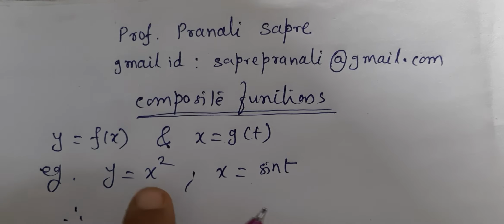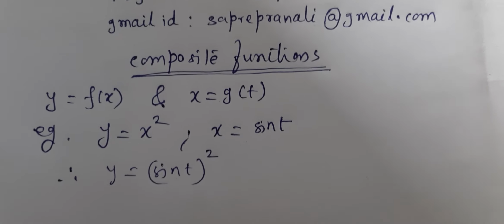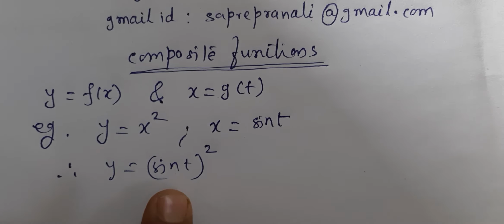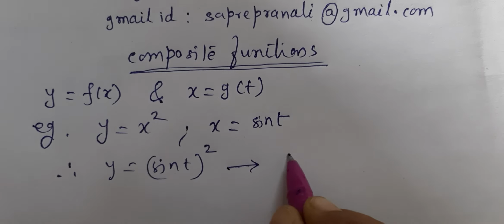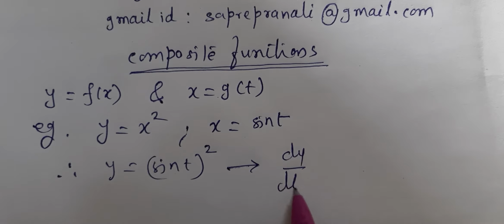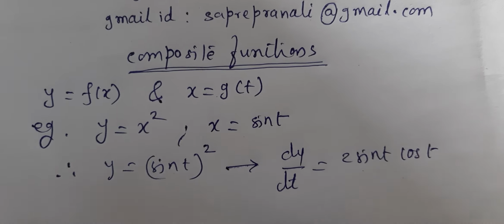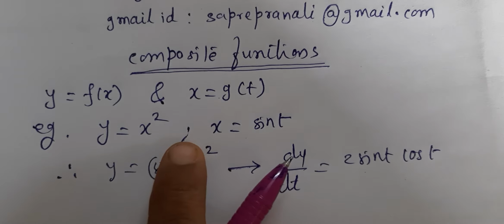So, if I put sine t in place of y, what am I going to get? y is sine t square. In short, we are getting y as a function of t. Now, because y is a function of t, obviously we can find dy by dt, and you know this is the answer. Here it was a simple example.